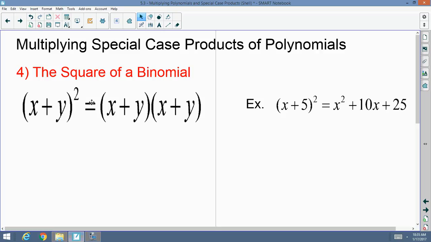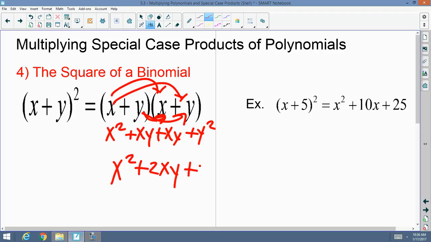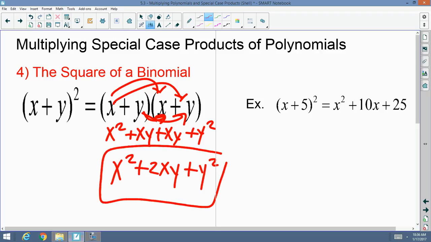If I go ahead and do this out the long way, I'm going to have x times x is x squared plus xy plus xy plus y squared, which equals x squared plus 2xy plus y squared. That pattern right there is a formula.